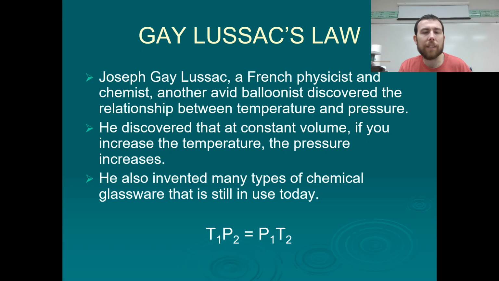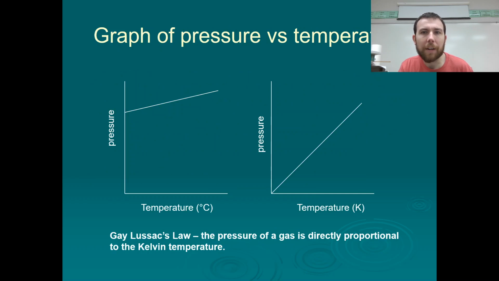And so when you look at this from a graphical perspective, now I do think this is important. So notice that we've got pressure versus temperature, one where it's in Celsius and one in Kelvin. And this is why it's so important for us to use that Kelvin temperature, because we see these relationships so much more distinctly, right?